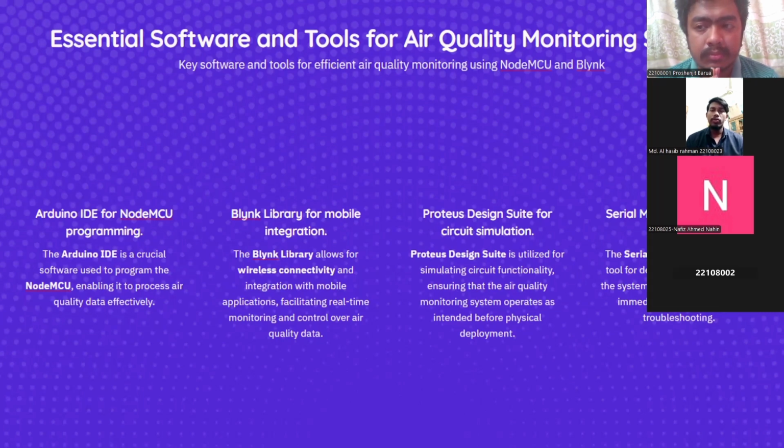The Blynk library allows for wireless connectivity and integration, and we use Proteus Design Suite for circuit simulation. Proteus Design Suite is used for simulating circuit functionality, ensuring that the air quality monitoring system operates as intended before physical development. Serial monitor is used for real-time debugging. The serial monitor is an essential tool for debugging and calibrating the system in real time, allowing for immediate adjustment and troubleshooting.